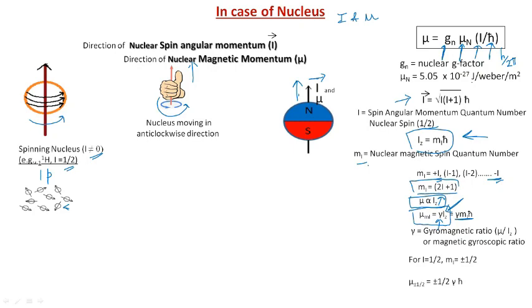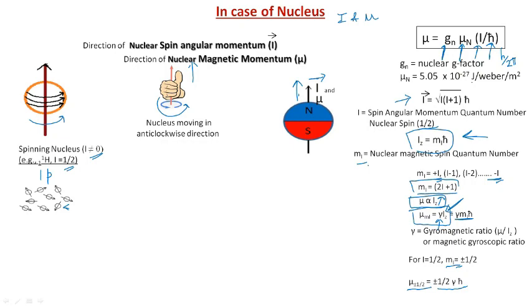In case of hydrogen nucleus, since I is equal to 1 by 2, therefore this m_I is equal to plus minus half, and the value of the magnetic moment also depends on this m_I value, therefore in this case it is equal to plus minus half gamma h cross.